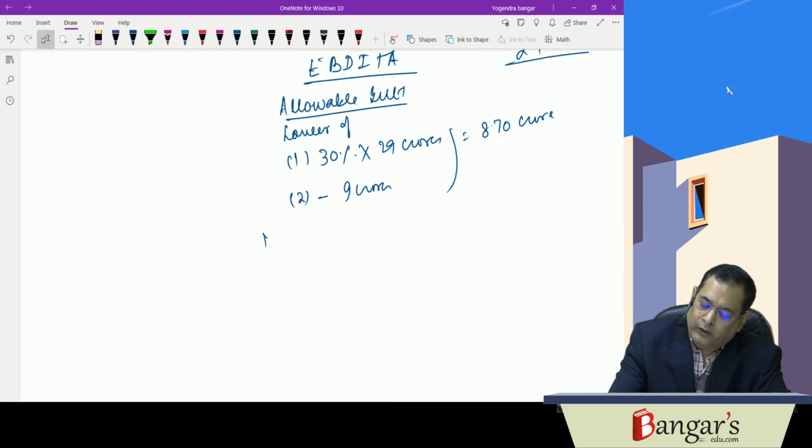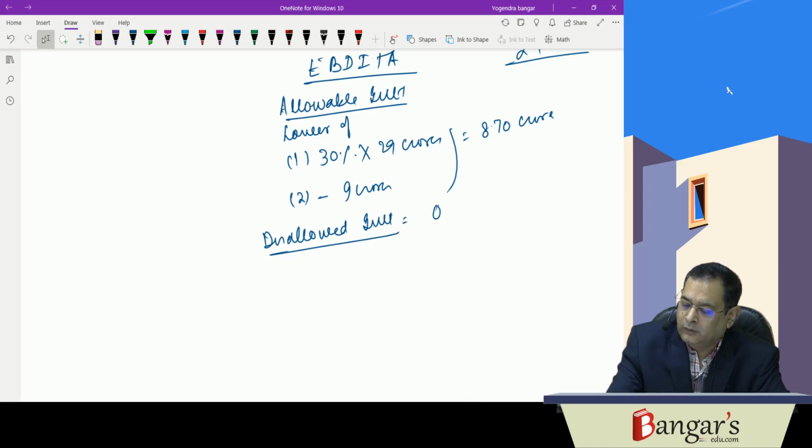So the disallowed interest will be 0.30 crores.